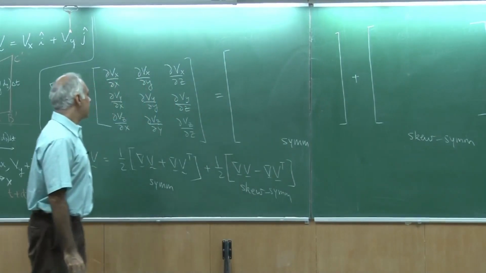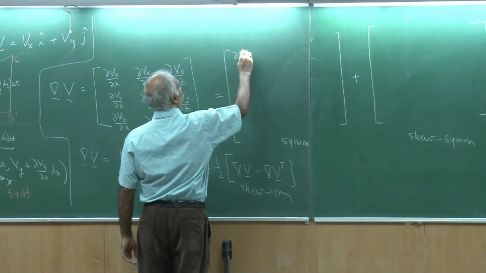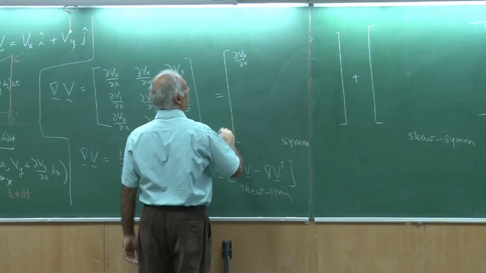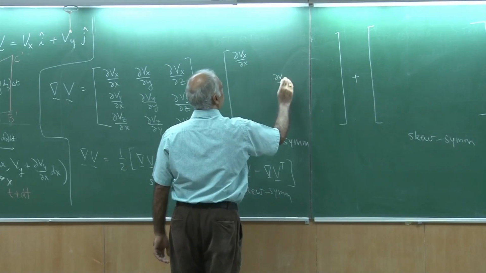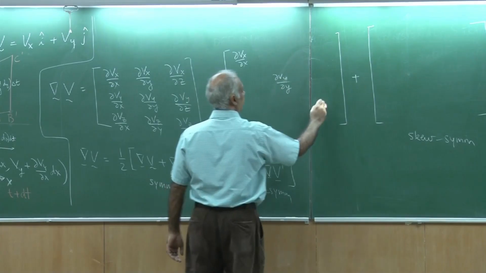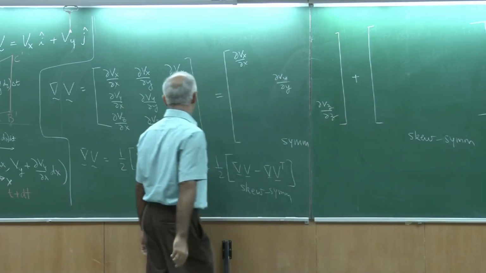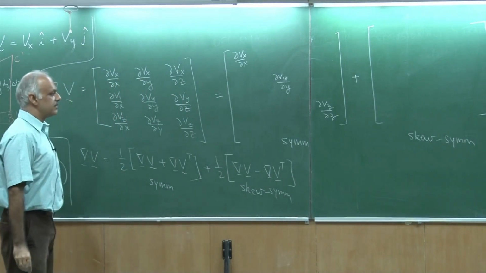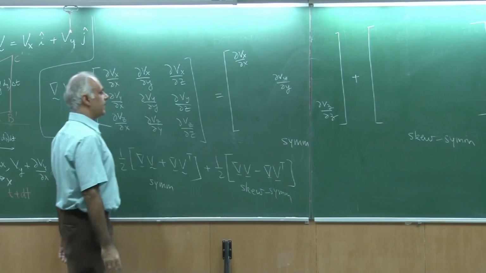All right, the symmetric part. So, of course, this guy stays as it is. So, I have del Vx by del x. So, the diagonals do not change. Diagonals do not change at all. Okay.